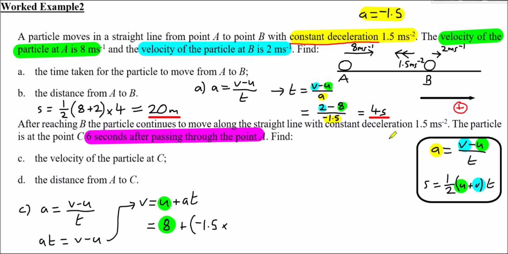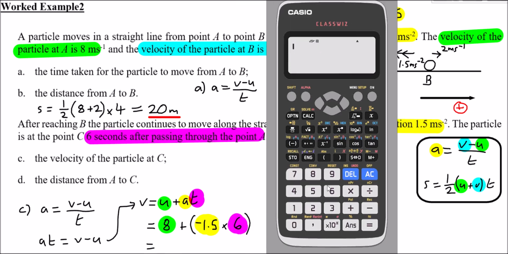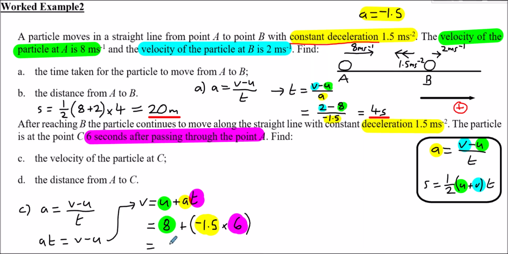And this time we multiply by the time. It wasn't 4, like for parts A and B; it's a couple of seconds more than that. It's 6 seconds. So we have 8 plus, in brackets, minus 1.5 times 6. We get minus 1 meters per second.